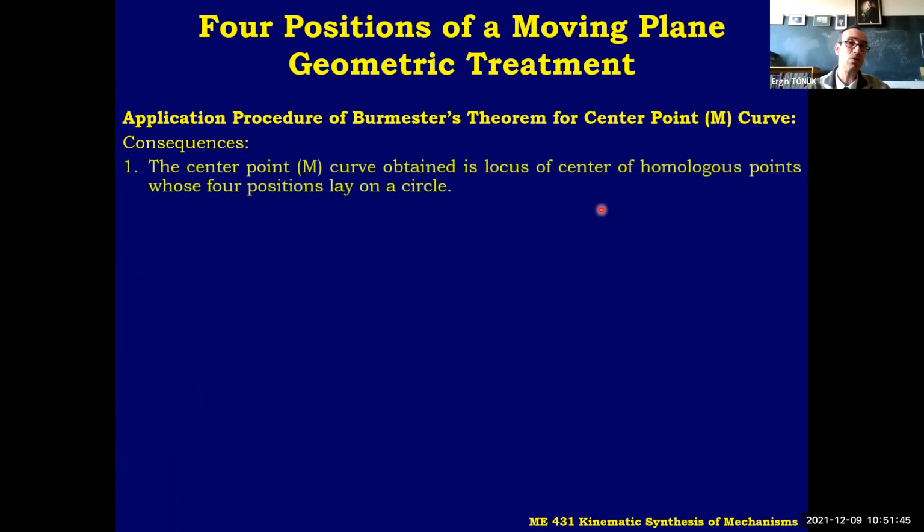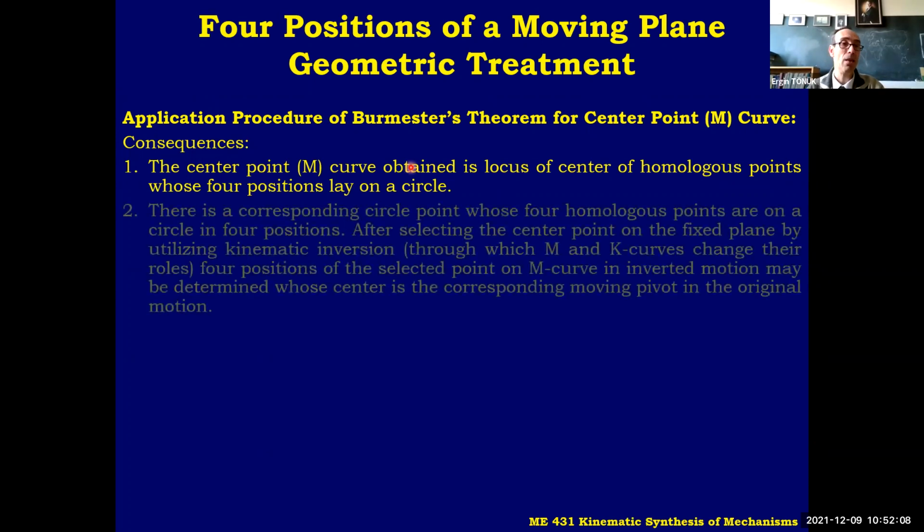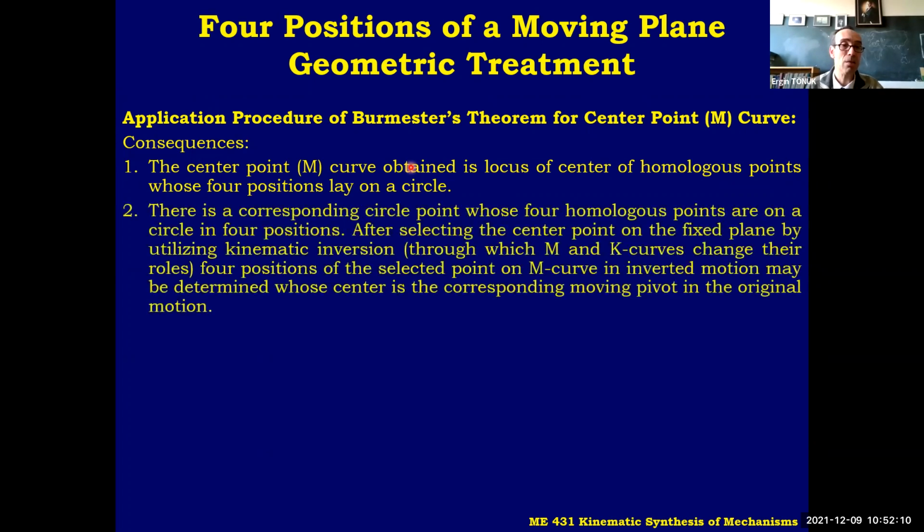So center point curve is the locus of center of homologous points whose four positions lay on a circle. And in kinematic inversion, the center point curve of the original motion will become the circle point curve of the inverted motion, as we discussed. There's a corresponding circle point whose four homologous points are on a circle in four positions.